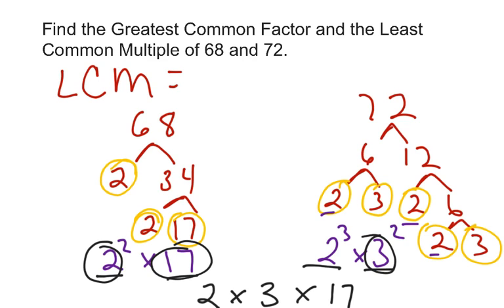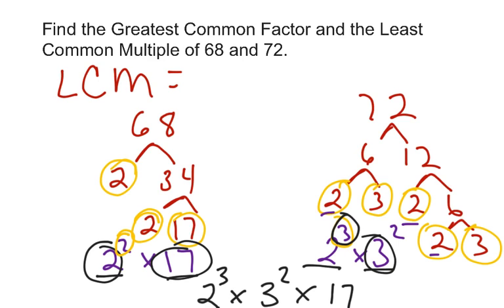Then I look at the exponents and I say, okay, which is my higher exponent, 2 or 3? In this case, of course, 3 is higher. 3 to the second power only has a second power, so that exponent I keep. 17 stays the same. Then I'm going to multiply these numbers together.